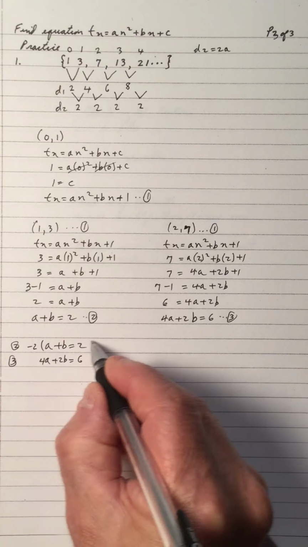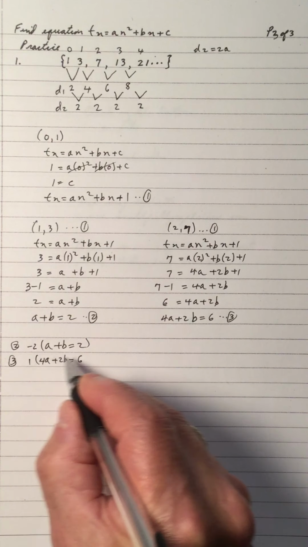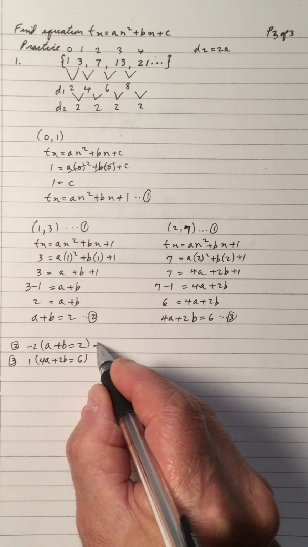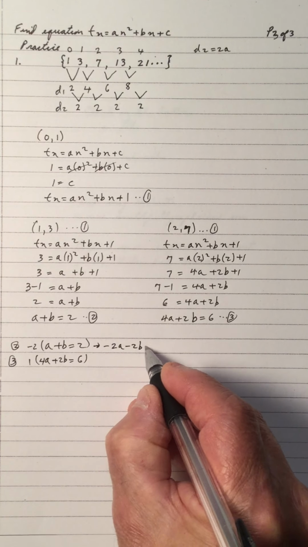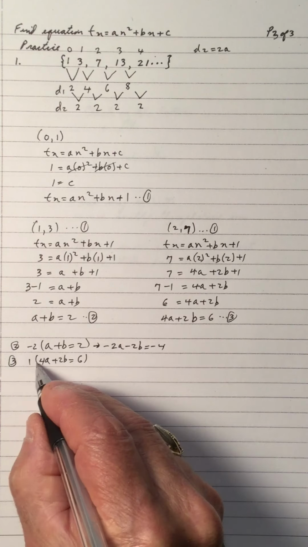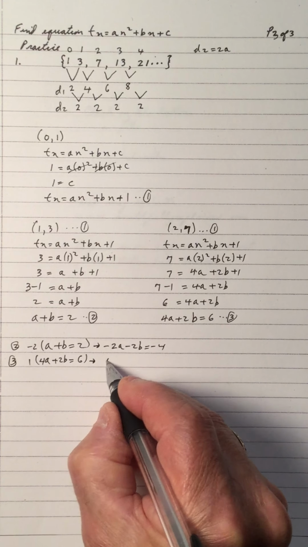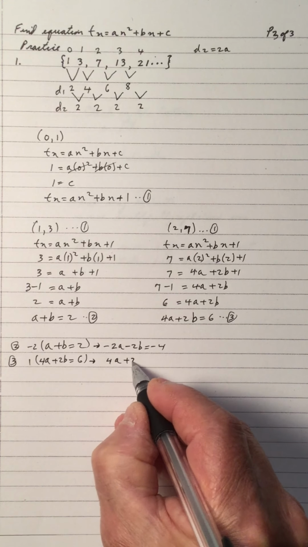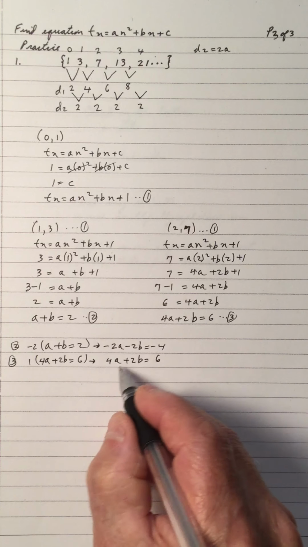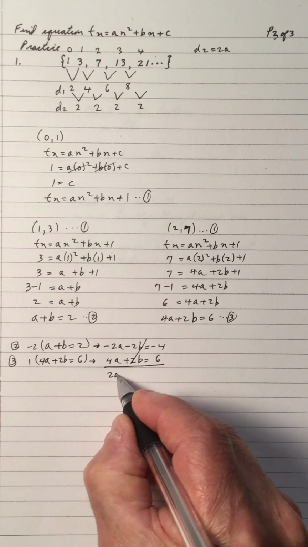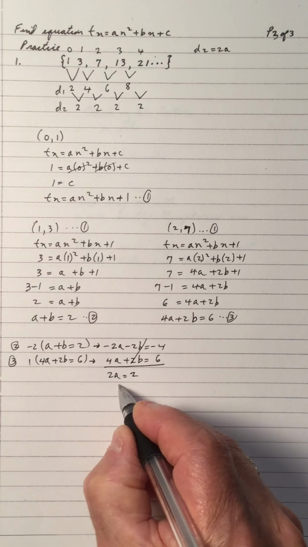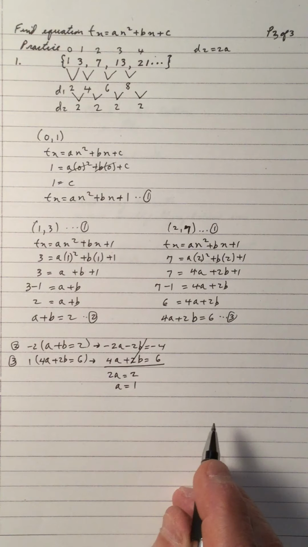Negative 2 is a smaller number. When I multiply by negative 2, I get negative 2a minus 2b equals negative 4. Multiply by 1 doesn't change. They cancel out, so that's 2a equals 2, a equals 1.